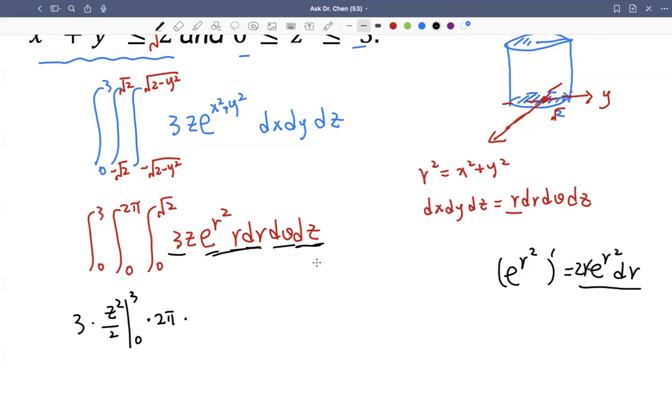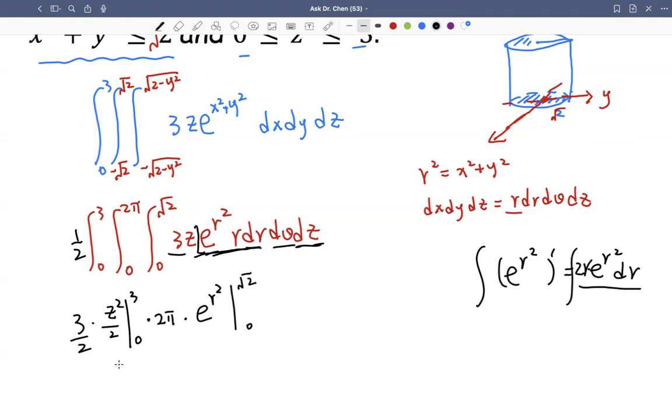So we offset by half: we multiply by half and multiply by 2 here. Then this is just the derivative of e to the r squared, so when we integrate we just get e to the r squared, evaluated for r from 0 to square root of 2.